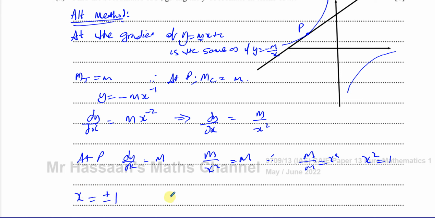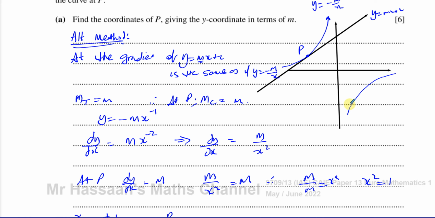However, we know P must be on this side here, as we discussed earlier. If P was on this side, if the x coordinate of P was negative 1 over here, then for the straight line that we have, the value of c would be a negative value, because this will definitely go through the y-axis at a negative value.